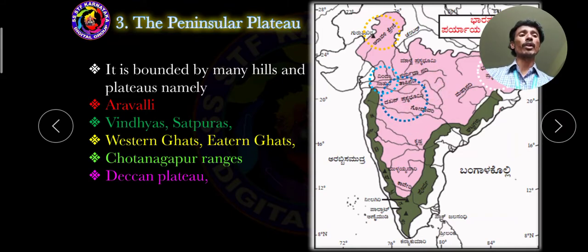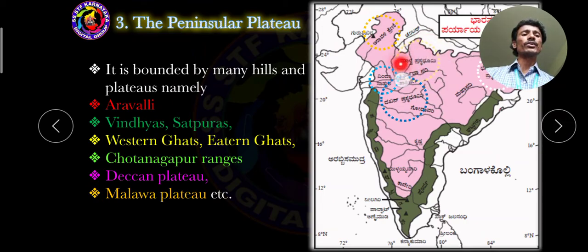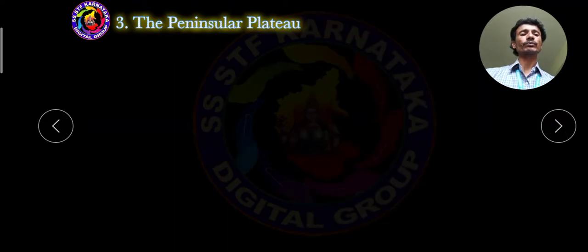These are very important map places. So we have to remember the Aravali, Vindhya and Satpura, Western Ghats and Eastern Ghats, Chota Nagpur, Deccan Plateau and Malwa Plateau.